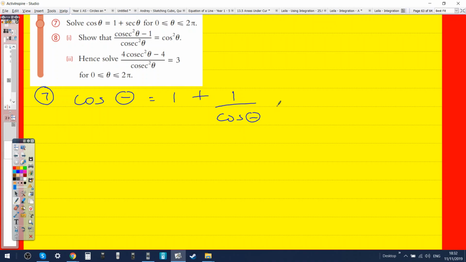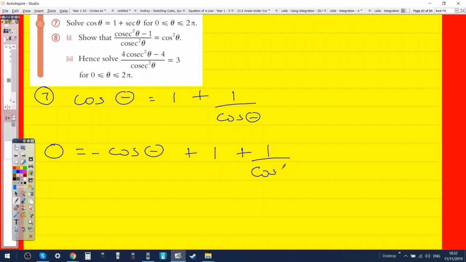Okay, so you could bring over the 1. Or you could bring over the cos and make it equal to 0. So 1 plus 1 over cos theta minus cos theta equals 0. And then multiply everything by cos theta.